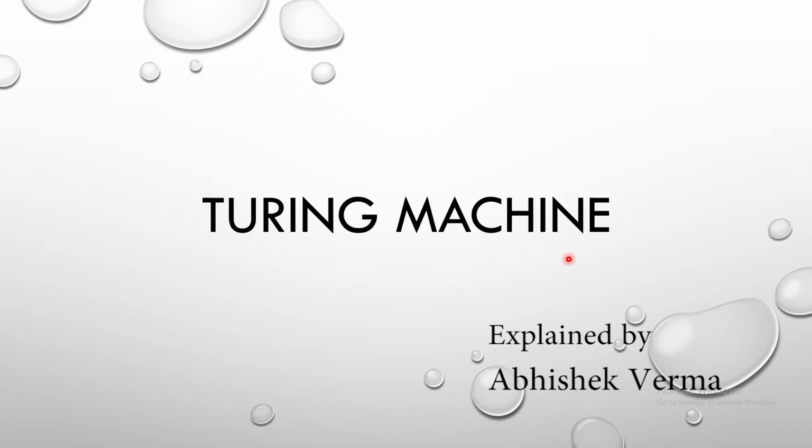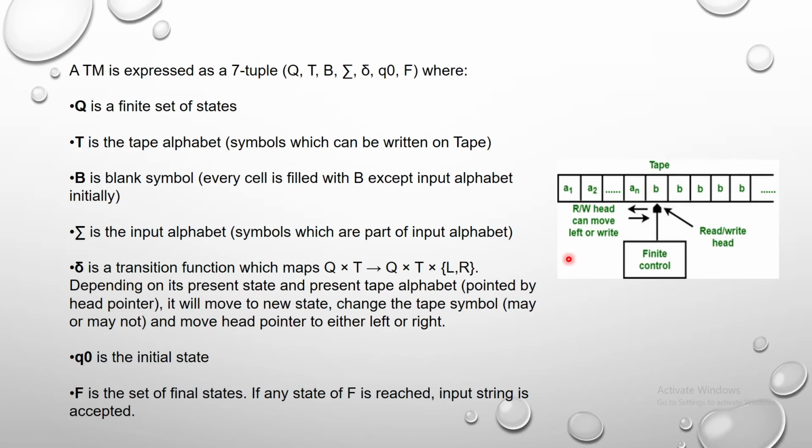Now let us see how we can simulate a Turing machine on the JFLAP tool. First, let us see what a Turing machine is. A Turing machine was invented by Alan Turing in 1936, and it is used to accept recursively enumerable languages, that is, those generated by type 0 grammar. A Turing machine consists of an infinite tape on which read and write operations can be performed.